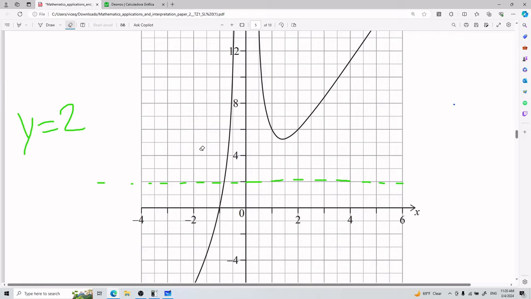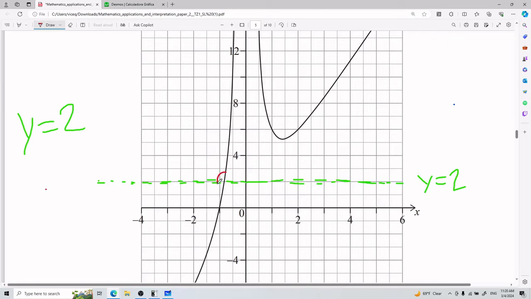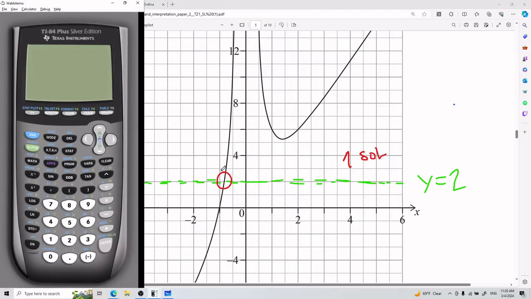If y equals 2 and you draw this horizontal line because we're talking about y equals 2, right? Where does it touch my function? Ah, it touches my function here. So how many solutions does it have? It has one solution.